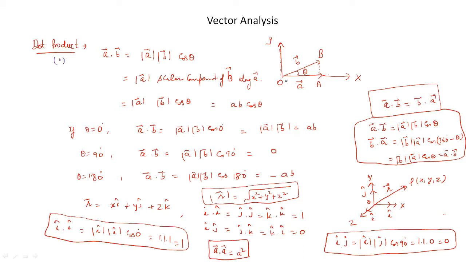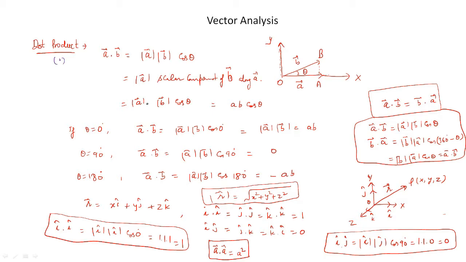Here you can see that there are two vectors. This is vector A and this is vector B. The angle between vector A and vector B is theta. Then the dot product of the two vectors can be written as A dot B is equal to modulus of vector A, modulus of vector B, cos theta, and this is a scalar quantity.